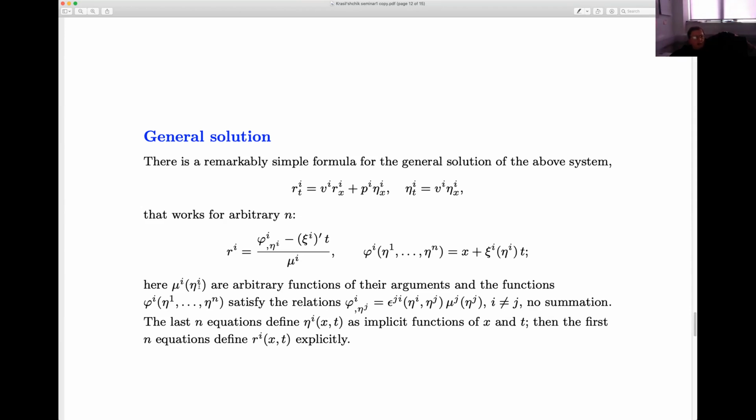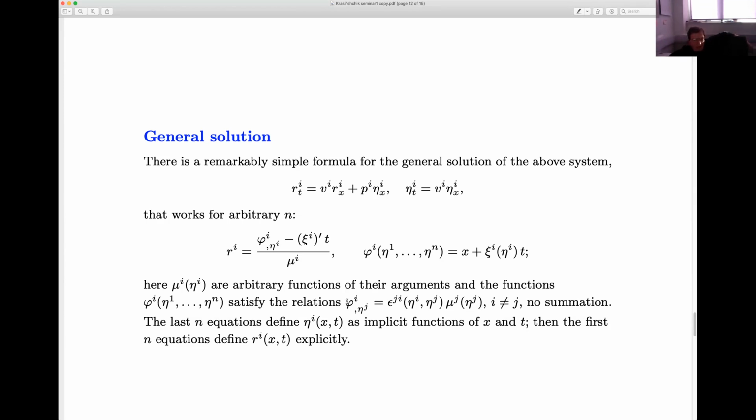All right. So I repeat, I take n arbitrary functions mu i's, right? I put them here in the denominator, and I put them here in the right-hand side. I multiply these functions by two soliton phase shifts, right? And then I reconstruct functions phi i from these equations, which are explicitly solvable, right?